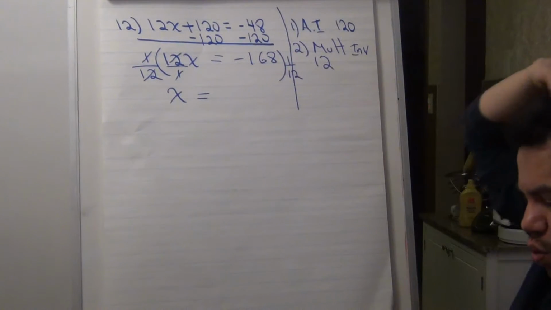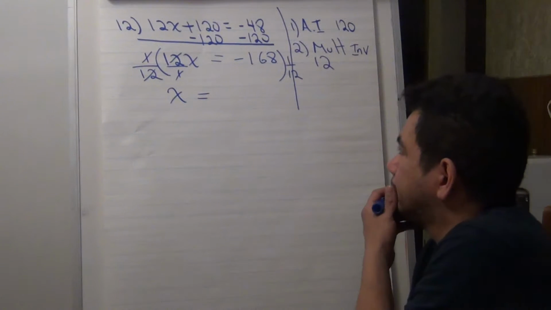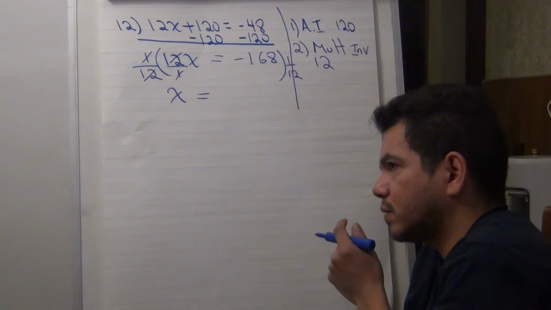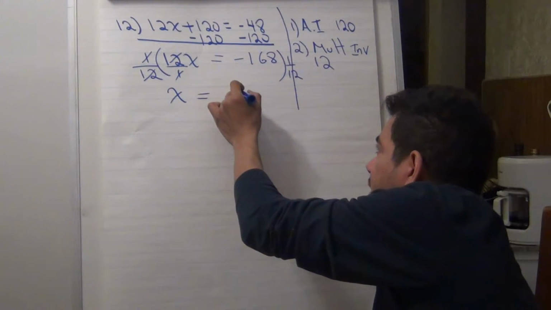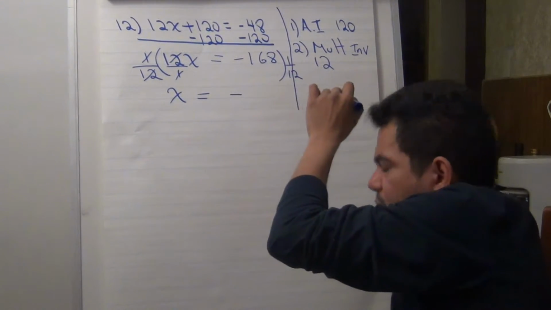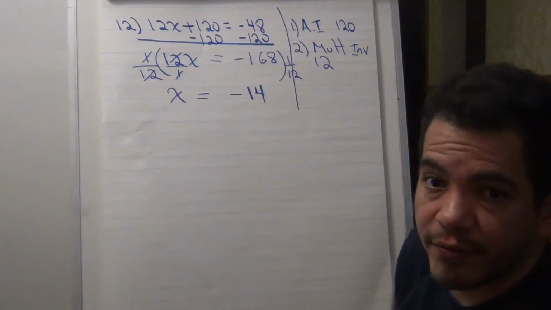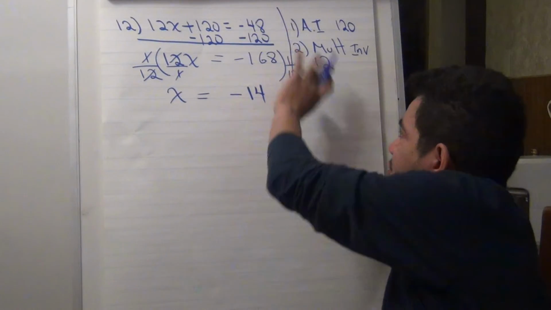And then when you divide it by 12, okay, negative times positive is negative, right? And we have negative 14. If you did it before I did, then thank you for giving me the answer. If not, lost points. Alright, so that's it.